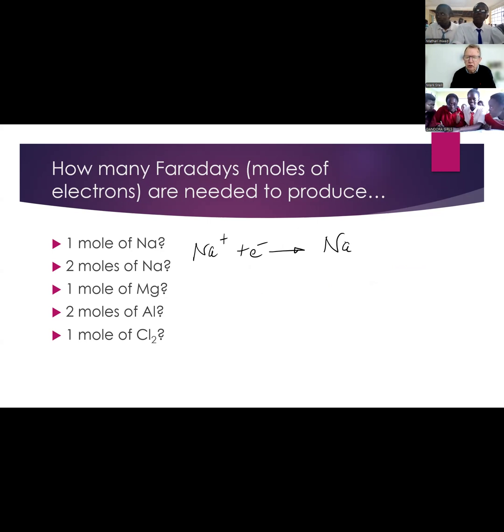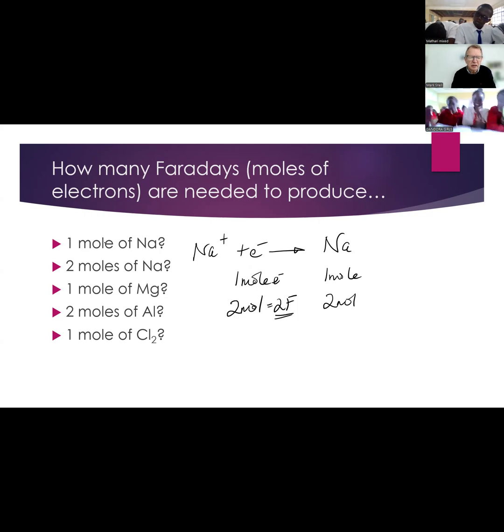If I want 2 moles of this, 1 mole needs 1 mole of electrons, so 2 moles would need 2 moles. Well, 2 moles is 2F. That's the answer to this one.